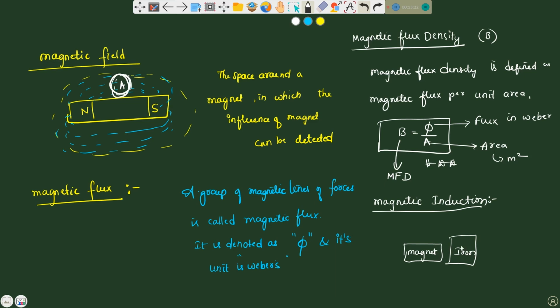This process of magnetization is called magnetic induction. Once again I will tell you: whenever a magnetic bar is placed near an iron piece, the iron piece gets magnetized in opposite polarity. This process of magnetization is called magnetic induction.